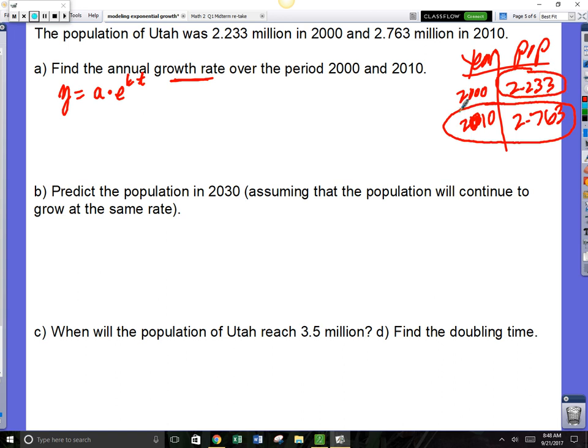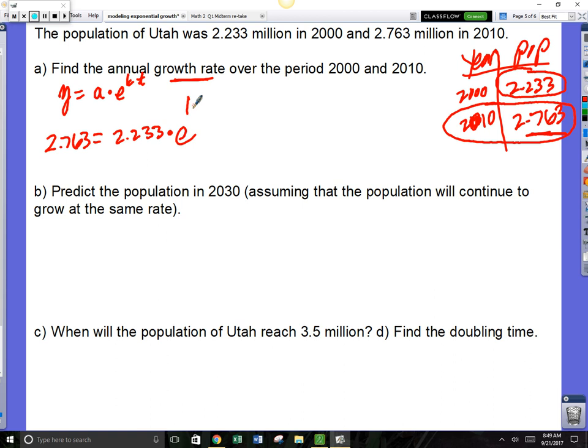The initial value is going to start off in 2000, so my initial value, a, is going to be 2.233. That's what we started off with. And I ended up, so that's my y, with 2.763. I'm going to times that by e, which is my continuous change, my 2.71.